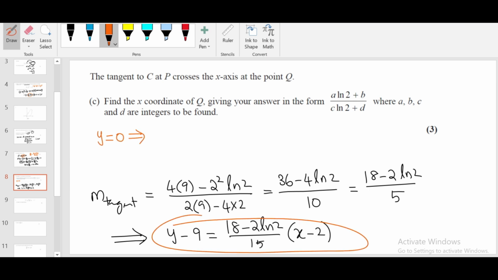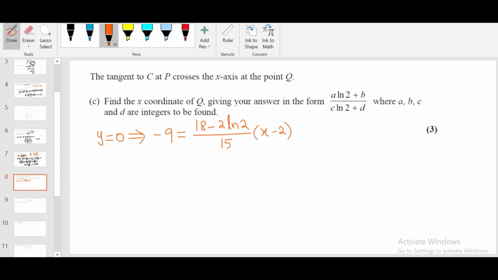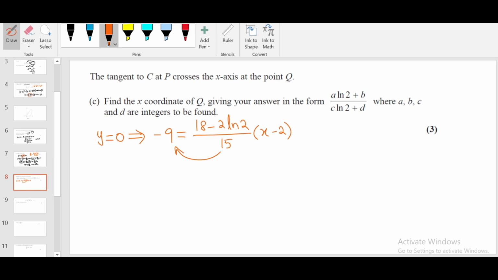in this equation. So I will get negative 9 is equal to 18 minus 2 ln 2 divided by 15 times x minus 2. Make x as a subject and write it in this form. So it's going to be, bring the 15 here, so 9 times 15 is 135 minus 135 is equal to, or bring the 18 also this side, x minus 2.